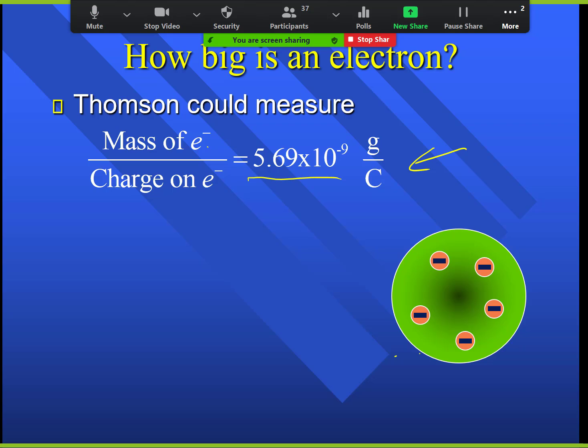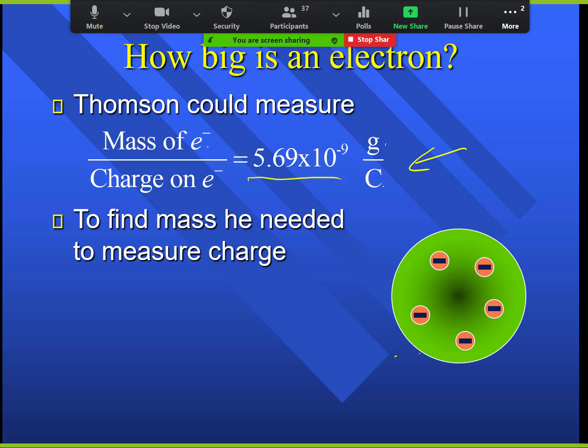The grams and the coulombs, a unit of charge, won't cancel out, so you'll have grams per coulomb. That's the number. So instead of that 1.7 that we got, because it was a different set of units, it's really 5.69 times 10 to the negative ninth. That's a tiny number. But what that tells me is, if I want to find the mass, dimensional analysis says I have got to multiply by something with charge on top.